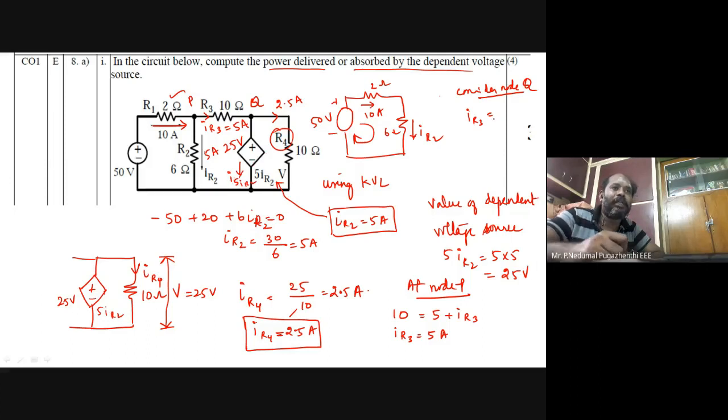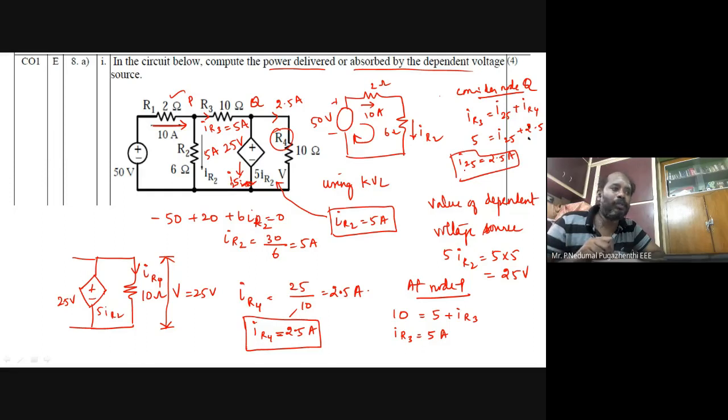So I25 plus this IR4. IR3 is known, which is equal to 5. I25 is what is required. We know IR4 is 2.5. So what is I25? I25 is equal to 2.5 amperes.